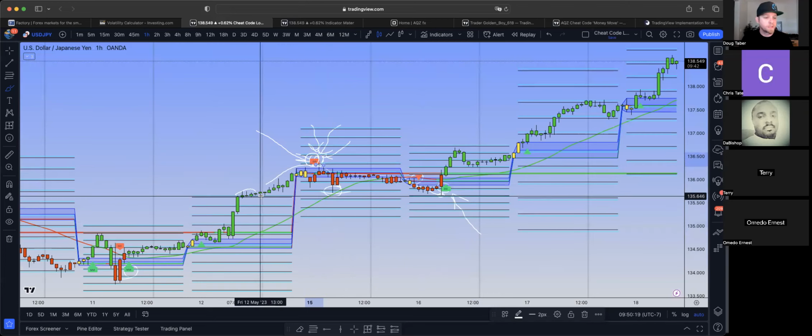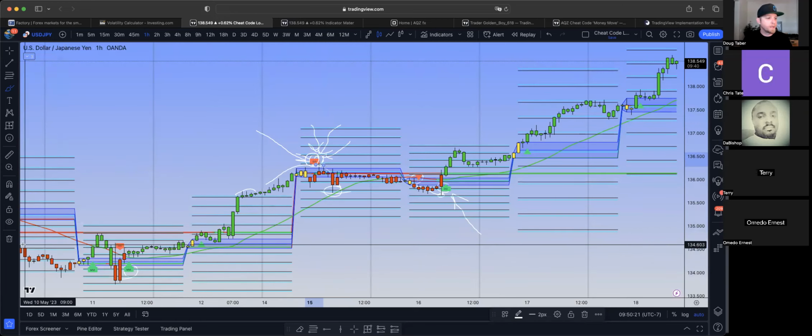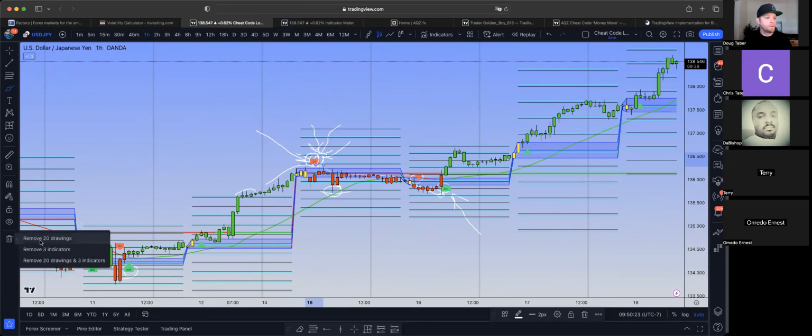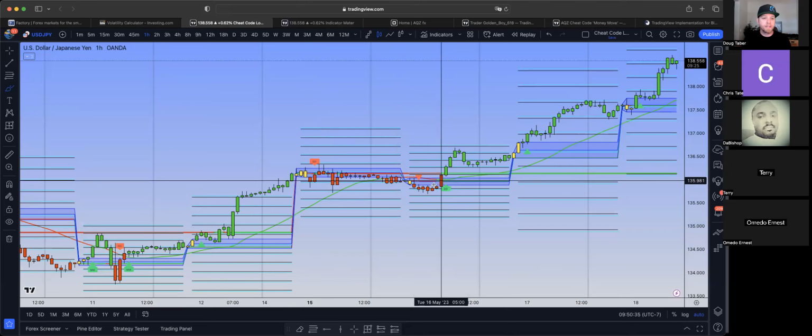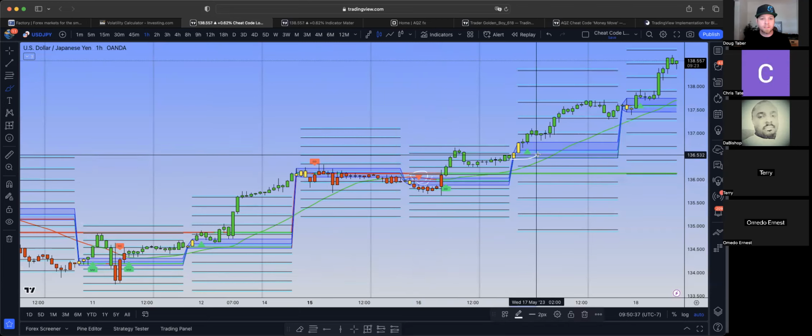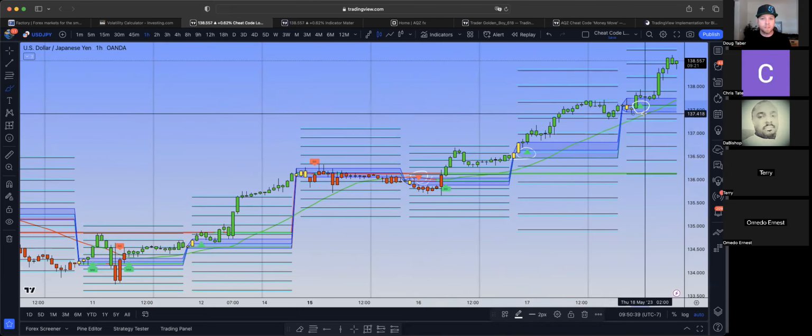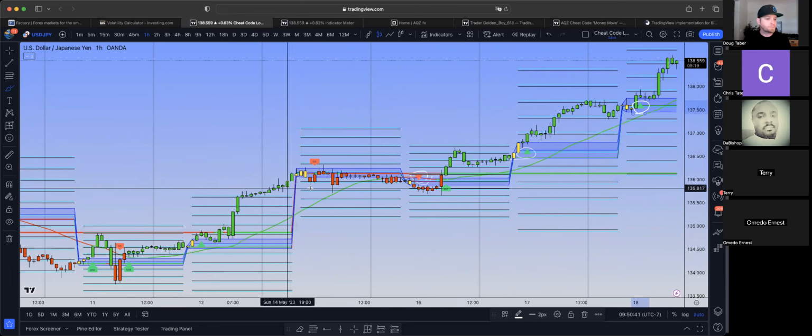Okay, so Dollar Dash has a higher win rate than Money Move. The idea behind Money Move and Dollar Dash is to highlight higher quality signals within the AQZ cheat code system. Okay, not every regular signal is going to be a winner.